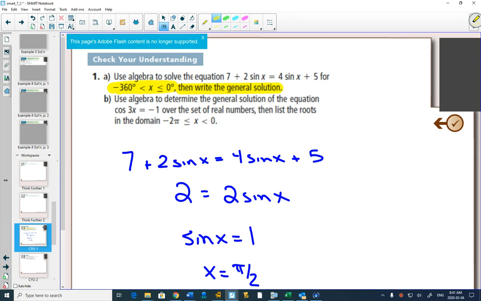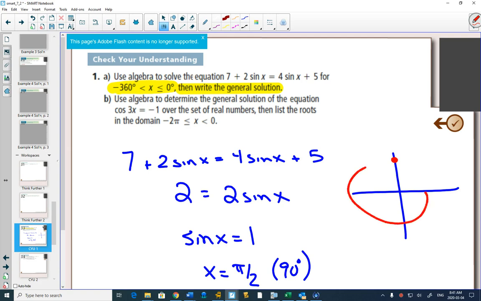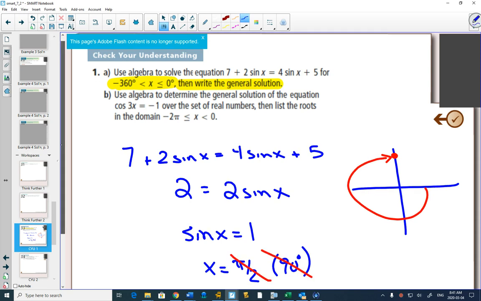So we got pi over 2, but the domain is in degrees. So then you might be thinking, well, that's actually 90 degrees. But that still doesn't fit in our domain, because our domain says we need to go once around the circle in the negative direction. 90 degrees on our unit circle is up here. But if we're going in the negative direction, what is the actual angle?